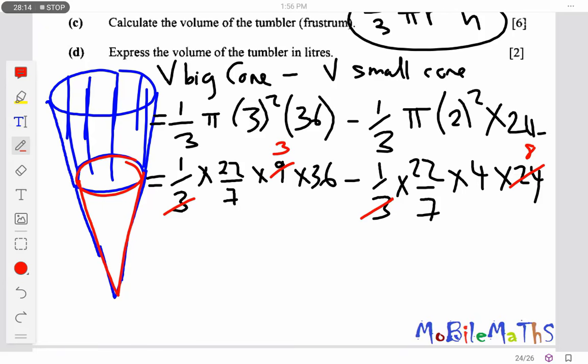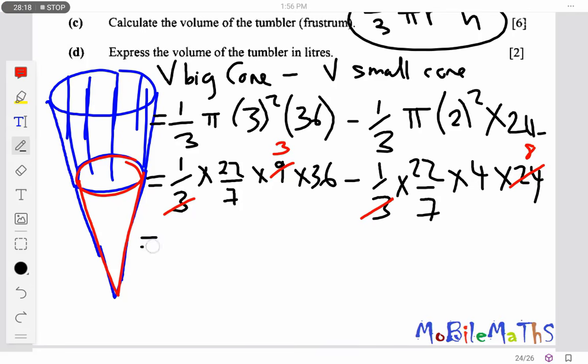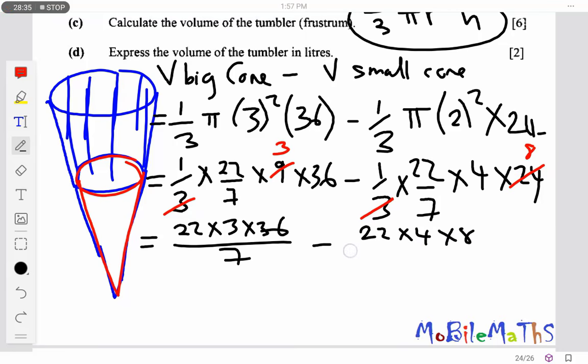Now I think it's going to be difficult for me, so I'll just solve it like that. So I'll now have 22 over 7. So let me just multiply 22 times 3 times 36 all over 7 minus here 22 times 4 times 8 all over a 7 like that.